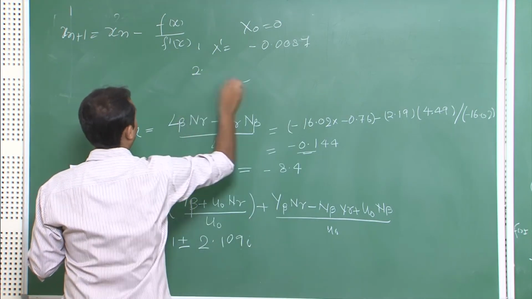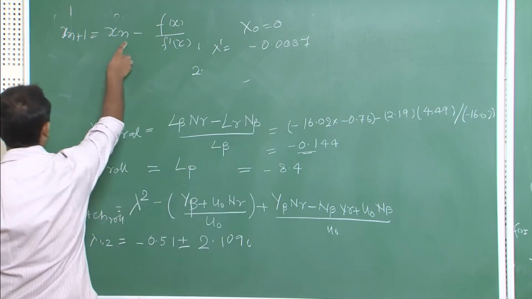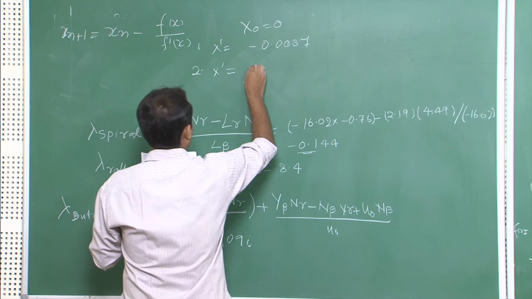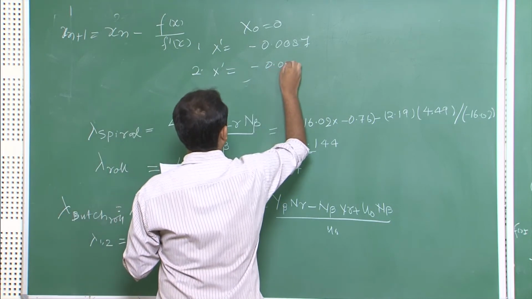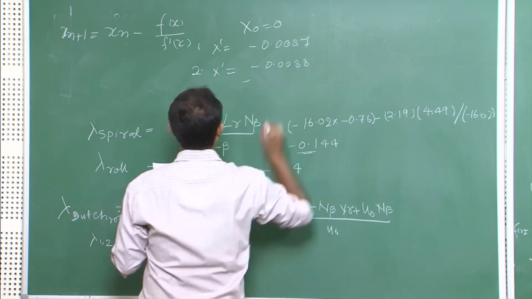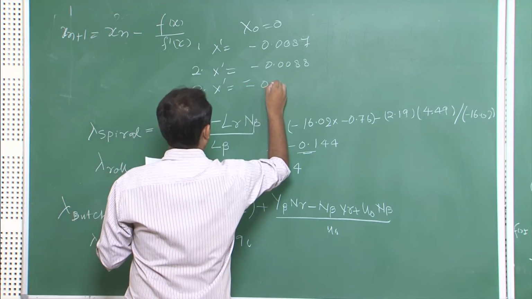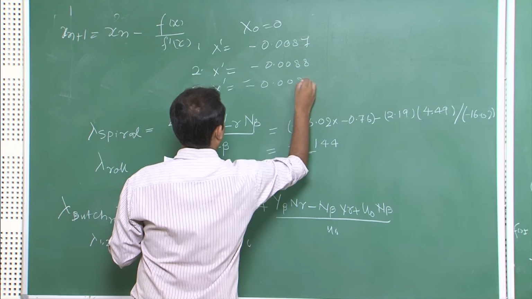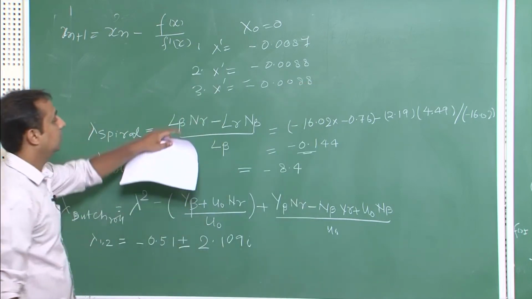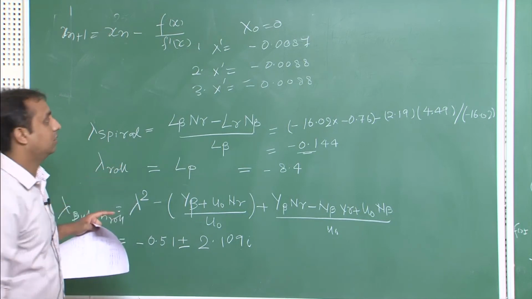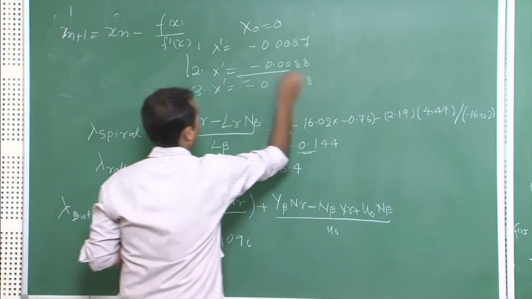After the second iteration, substitute this value in place of xn and you will get x' equal to minus 0.0088. Third iteration, minus 0.0088. So you can see, just by putting the value of 0, my iterations have reduced. Just after 2 iterations, I get a root of the equation.